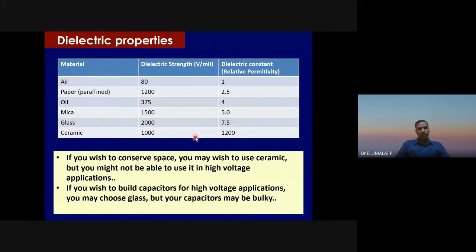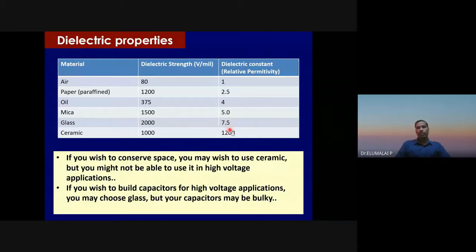But we will have to compromise. Depending on the dielectric constant, the size of the capacitor also will vary. If you are looking for increased voltage, you may have a bulky capacitor, maybe glasses, but with very little charge. With ceramics, you can have a large capacitance, but the voltage will be low.